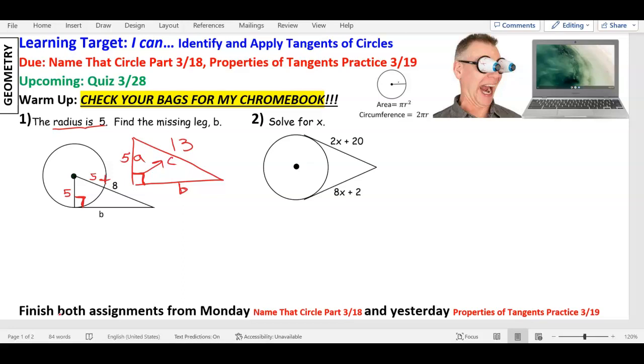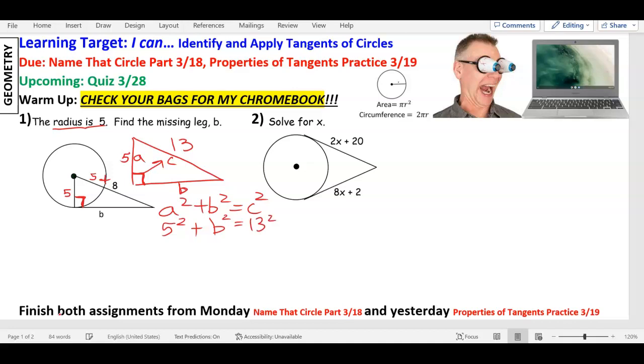So can you do the Pythagorean theorem? A squared plus B squared equals C squared. Let's write that down. A squared plus B squared equals C squared. And let's plug some stuff in. So what is A? A is 5 squared, plus B is missing, B squared, equals, and then C is 13 squared.